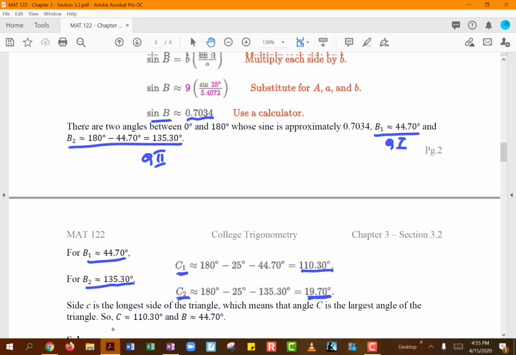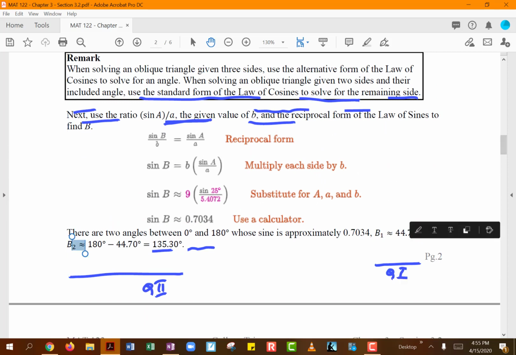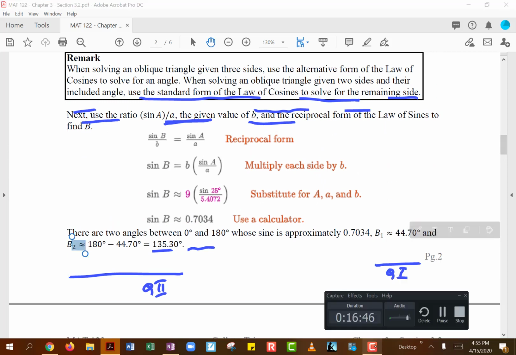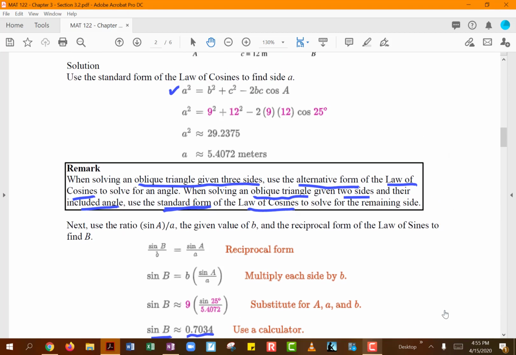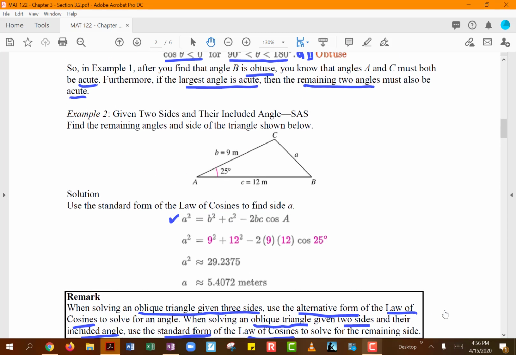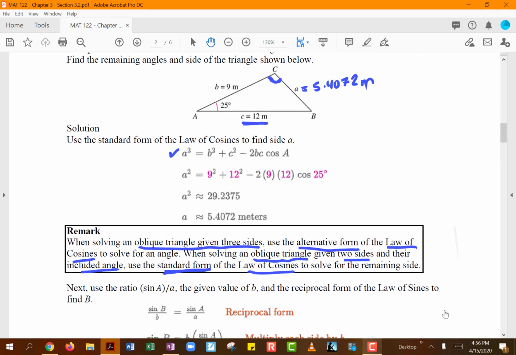Okay, let's go back to our triangle over here. If you look at the triangle, side C is 12 meters, side B is 9 meters, and when we calculated side A, it was 5.4072 meters. Side C is our longest side, which means angle C has to be our largest angle.